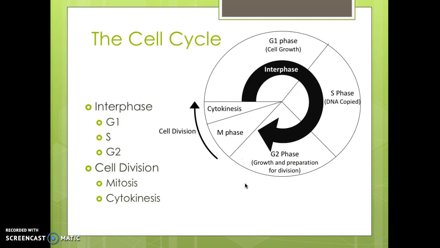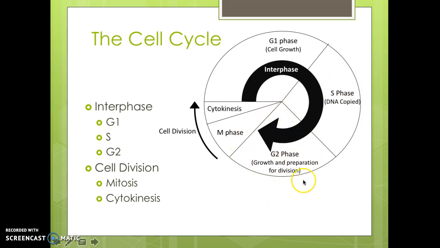So this picture is what the cell goes through called the cell cycle. So here we have interphase, right here, which, if this image is to scale, which it is, takes up the majority of the cell's life. We have cell growth in G1, S phase, where the DNA is copied. S stands for synthesis, fun fact, and G2, which is growth and preparation.